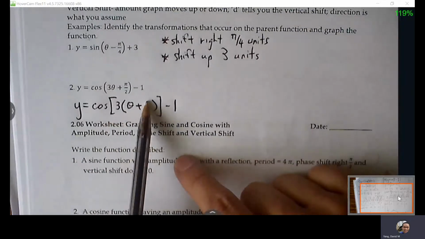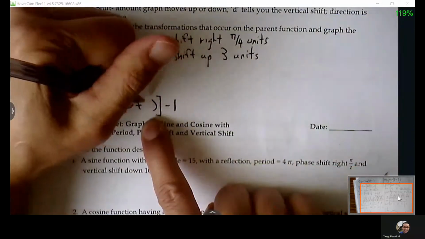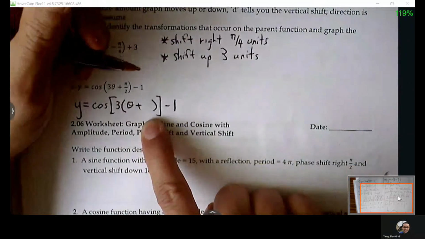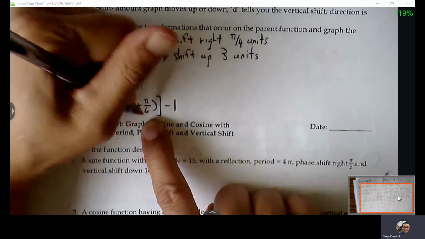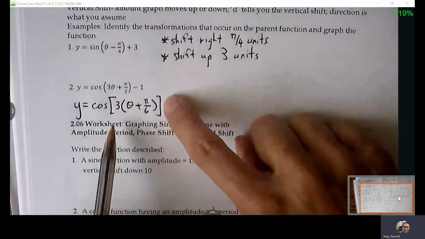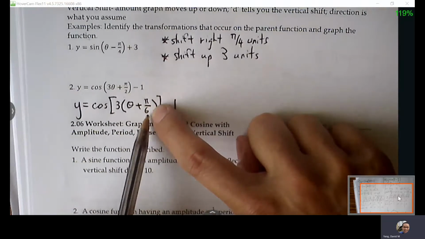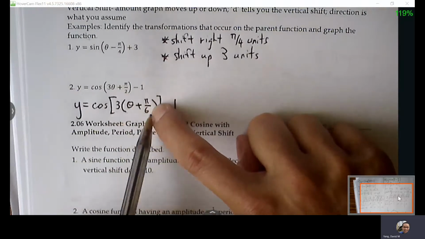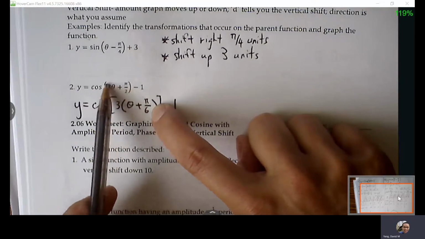Okay, so 3 times what gives us pi over 2? Pi over 6. Yeah, so 3 times pi is 3 pi, 3 pi over 6, 3 over 6 reduced to be 1/2. We can always double check, right? Distribute this through, and we should be able to get back to our starting point.